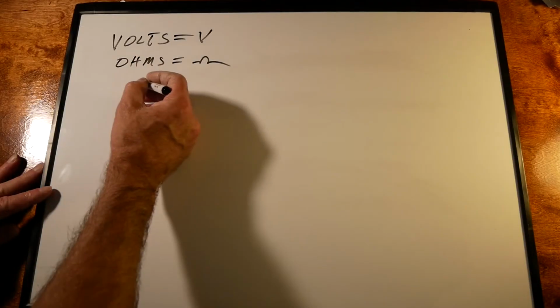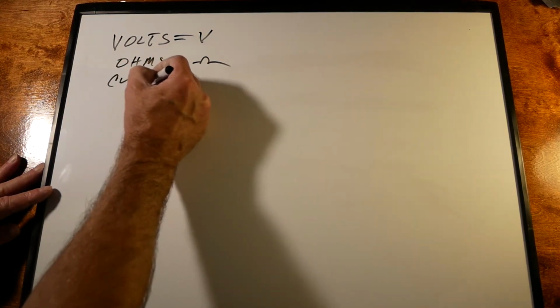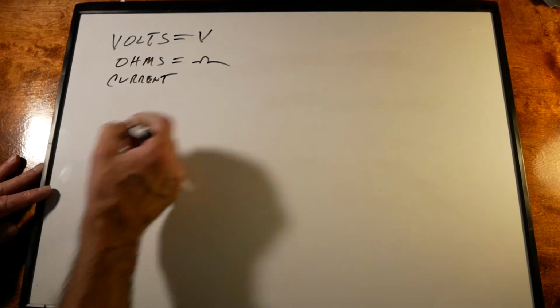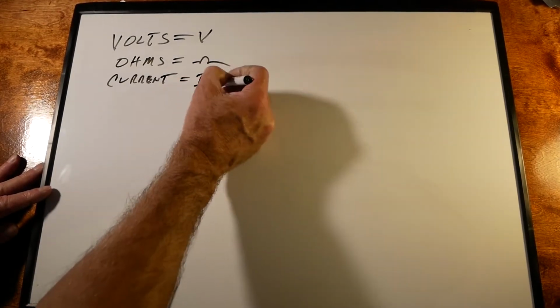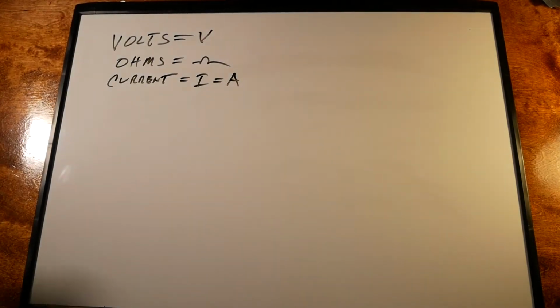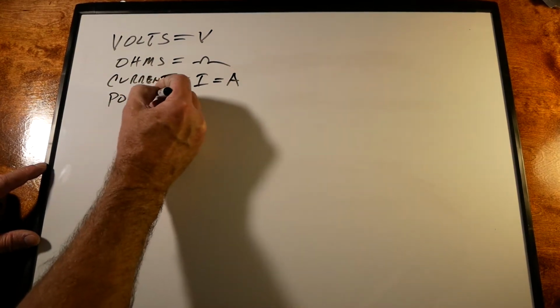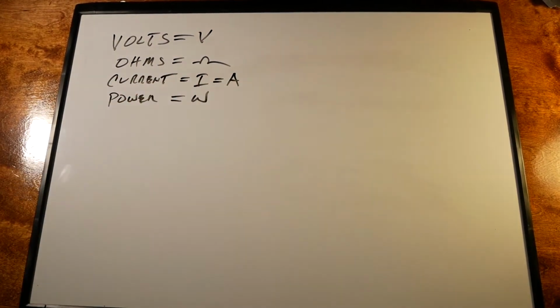And we need to talk about current. That's expressed in formulas as I, but when we're dealing with it, it's a large A for amps. And then the last thing we need to talk about is power. It's almost always in watts with what we're dealing with.